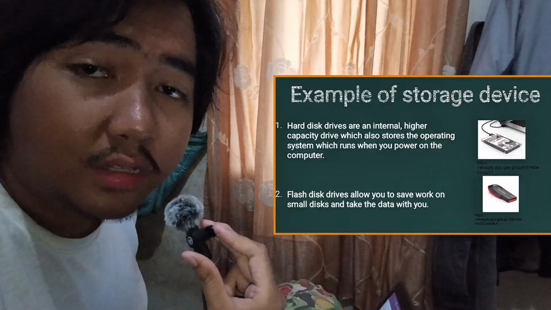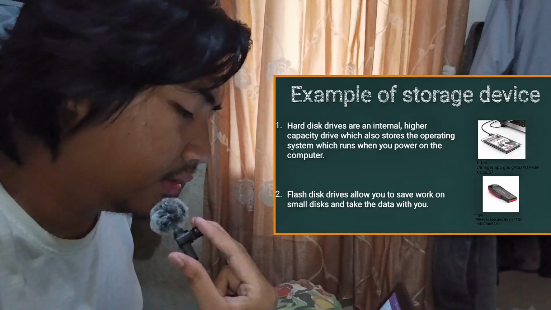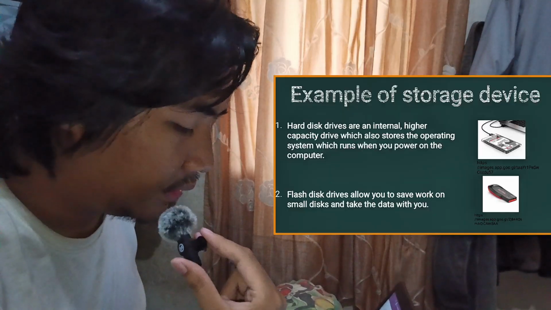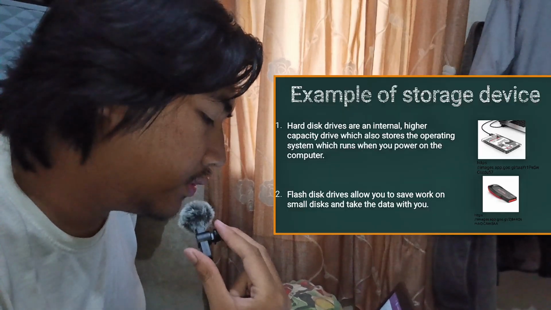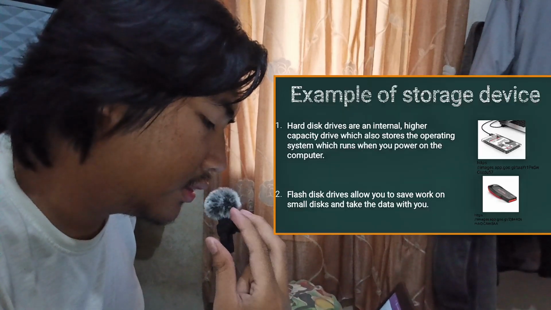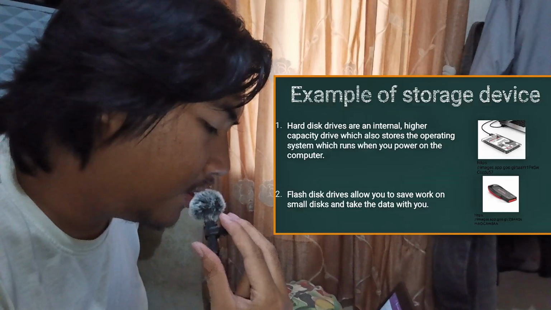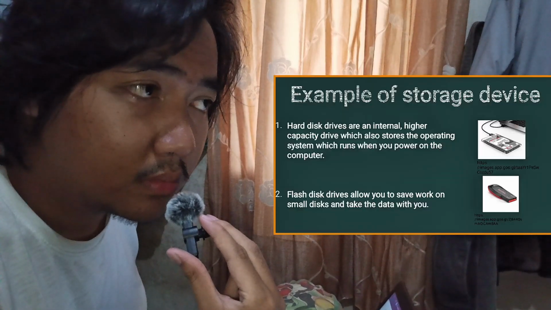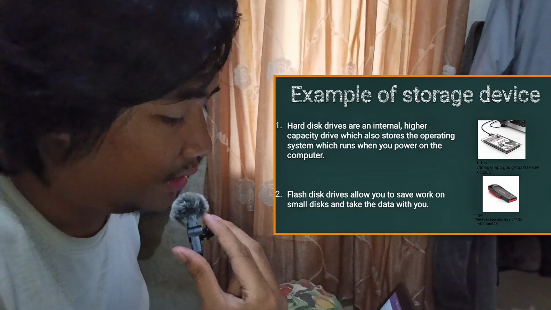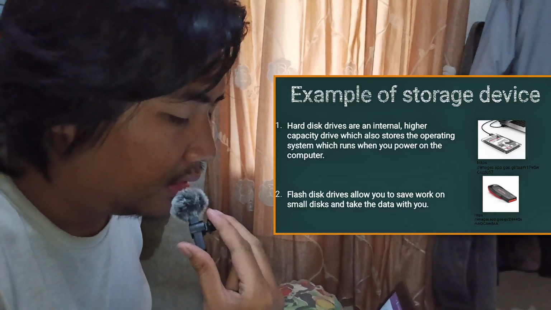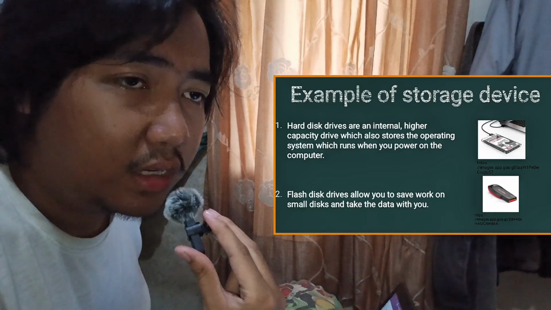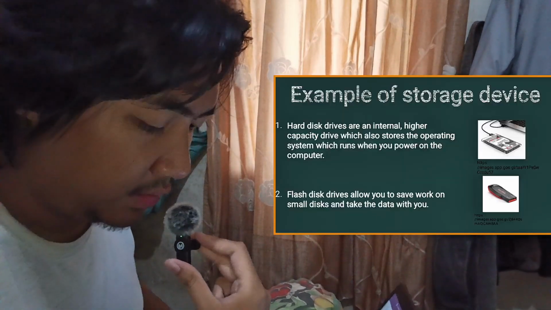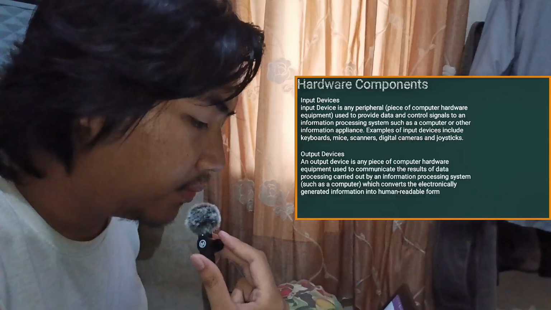The second one is flash disk drives, which allow you to save work on small disks and take the data with you. A flash disk is flexible to carry and not that expensive. It's good though.